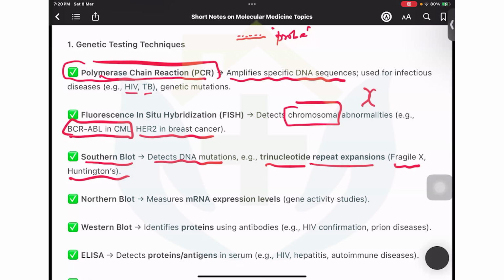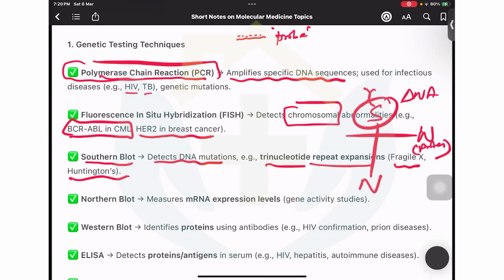Many times this question comes: what is Southern blot, what is Northern blot, what is Western blot, what is Southwestern blot, what is Northwestern blot? So Southern blot is DNA, Western blot is protein, and Northern blot is mRNA expression.